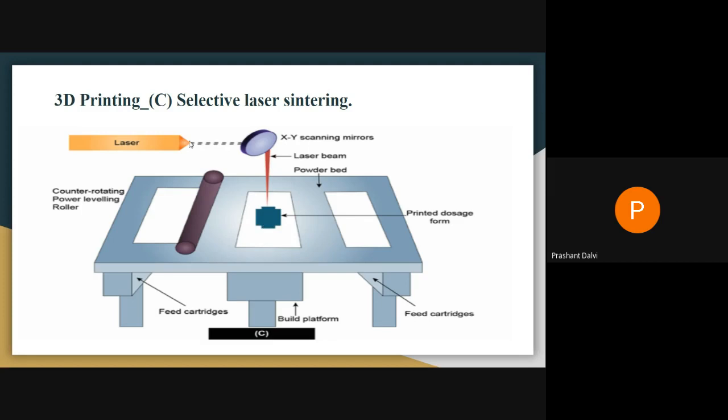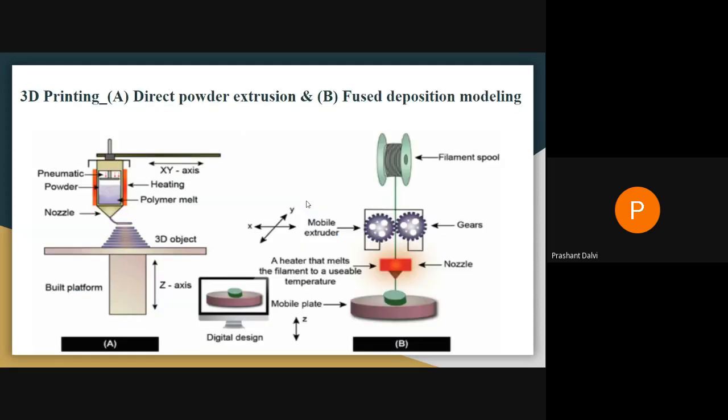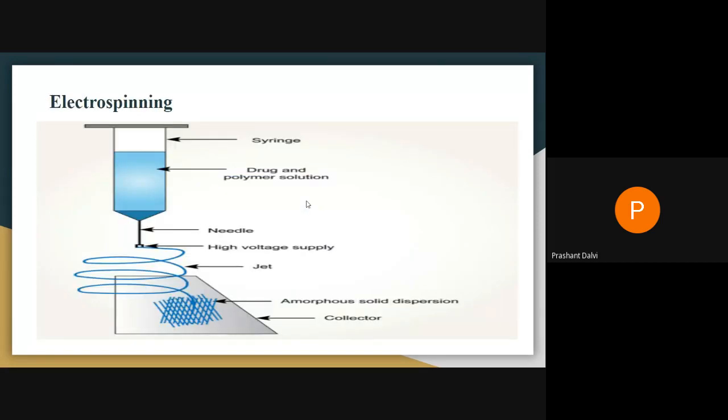Continuous bombardment of the lasers leads to the melting of these powder blends, and then it will quench on this plate and form the printed dosage form. So these are the three different techniques: kinetisols, 3D printing with selective laser sintering, direct powder extrusion, and fused deposition.